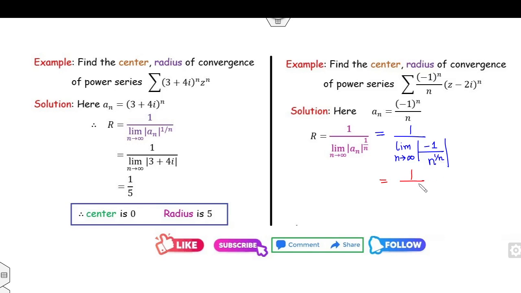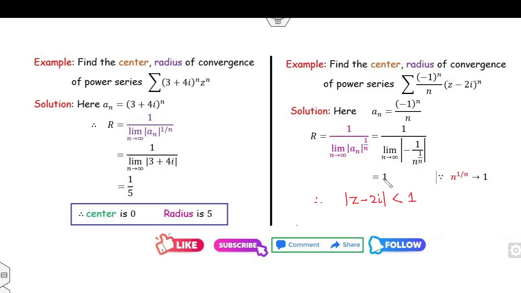As n goes to infinity, it is minus 1 over 1, so it will be 1. So therefore your center is z minus 2i. So therefore |z minus 2i|, the coefficient of the nth power is 1, is less than r. So the center is 2i, the radius is 1, because the coefficient of z is 1.